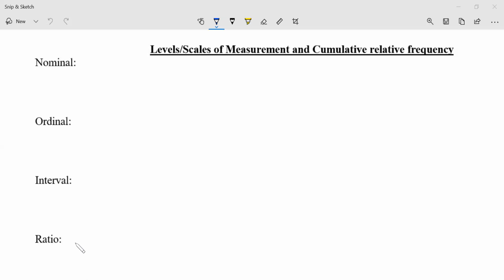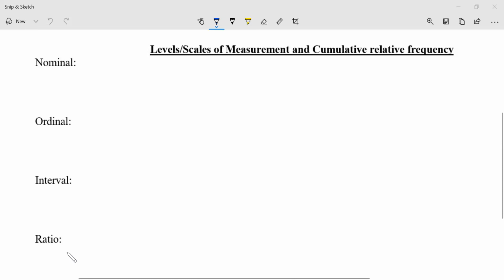In interval, I cannot do that because I cannot say 100 degrees is 4 times hotter than 25 degrees. 25 degrees Fahrenheit is cold. 100 degrees is hot. Interval cannot do that, but in ratios, I can.